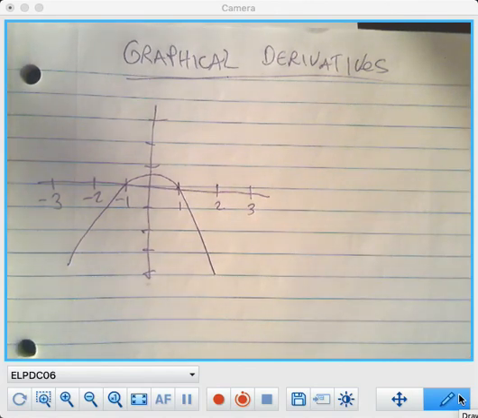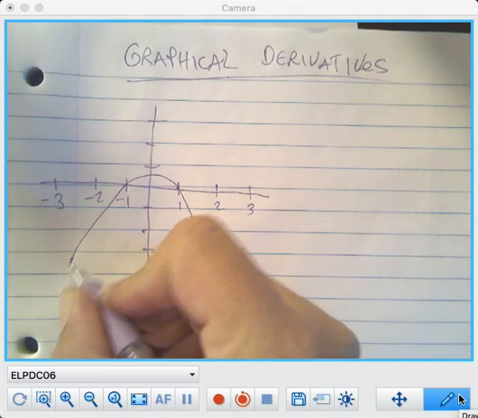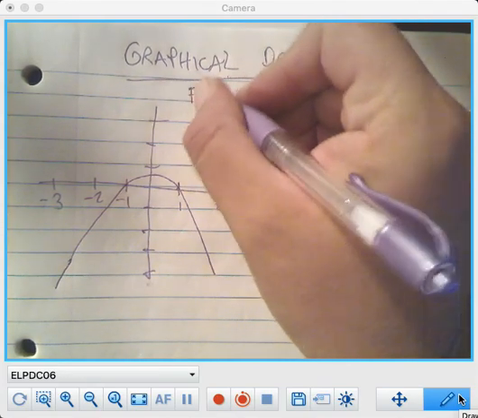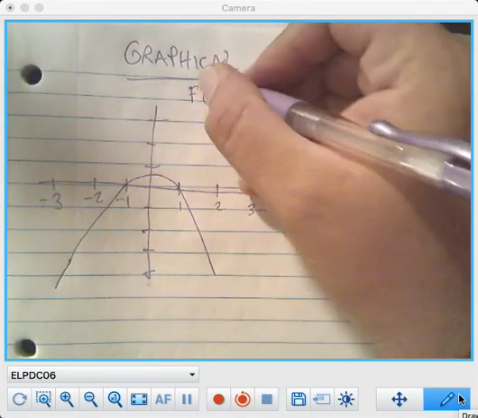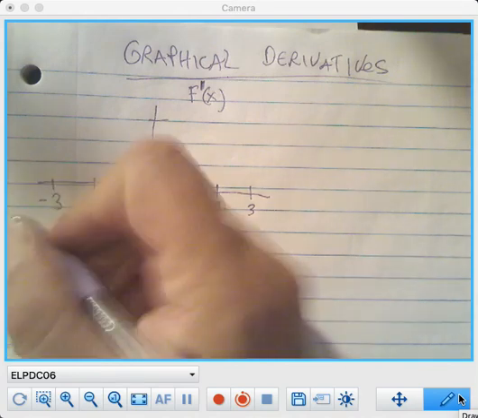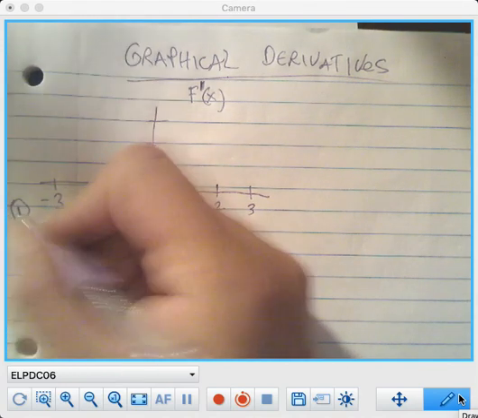Okay, so this is our function. So this is actually the derivative of the function. Notice the prime. So this is f prime. Now on this side, this is note number 1.